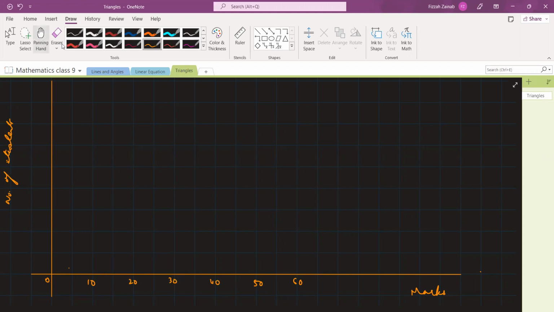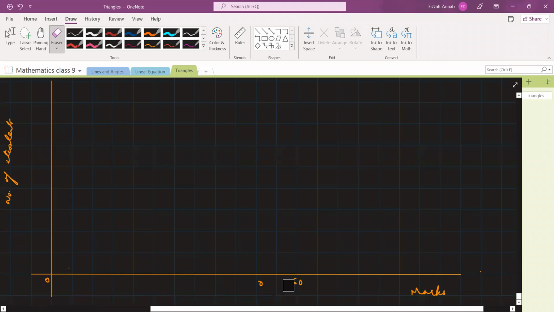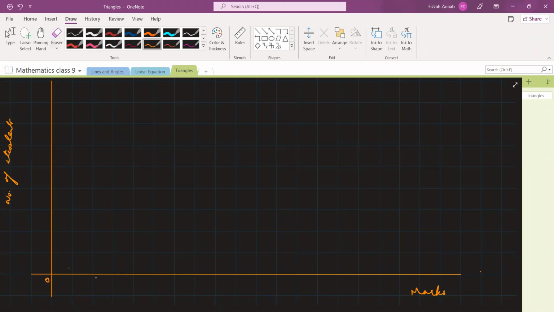So you can do one thing: you can further extend this at an interval of 4. So this is 10, 20, 30, 40, and 50. Is that clear?